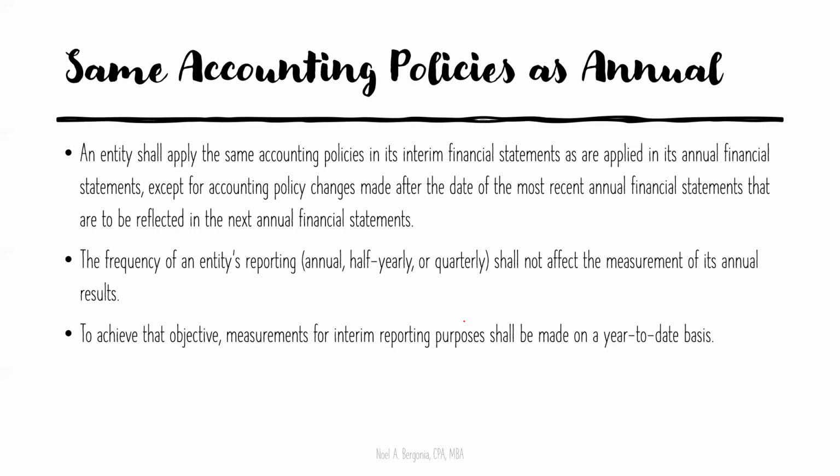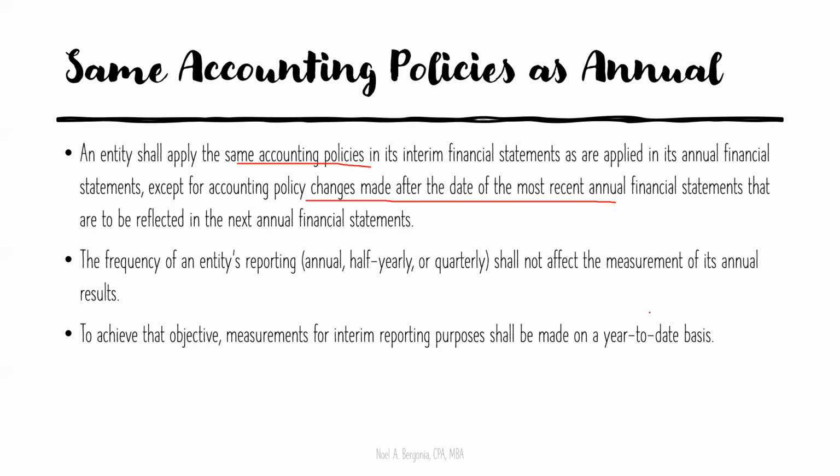Right now, we also need to discuss that our accounting policies, as mentioned a while ago, are similar to the annual, even though it is interim. So an entity shall apply the same accounting policies in the interim financial statements as are applied in the annual, except in case there are changes in accounting policies after the most recent annual financial statements.